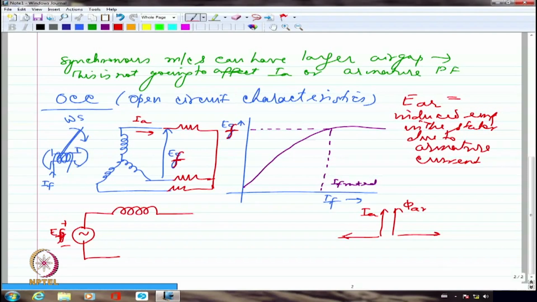Reactance drop, always you are going to have the voltage leading the current. So I can take this as the drop across XAR, or let me call this as XM.